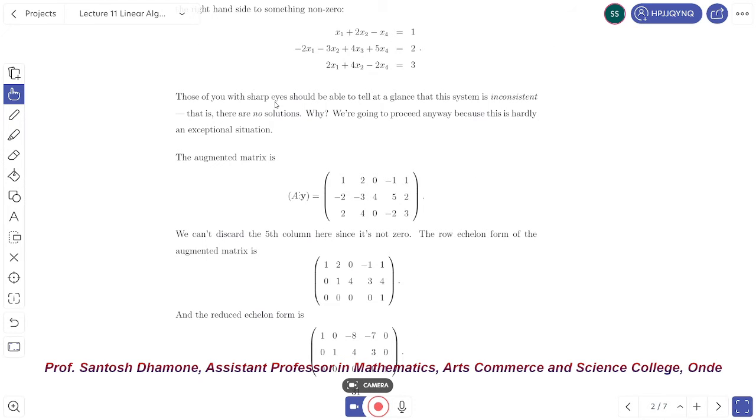We write the given system of equations in matrix form, Ax = y.